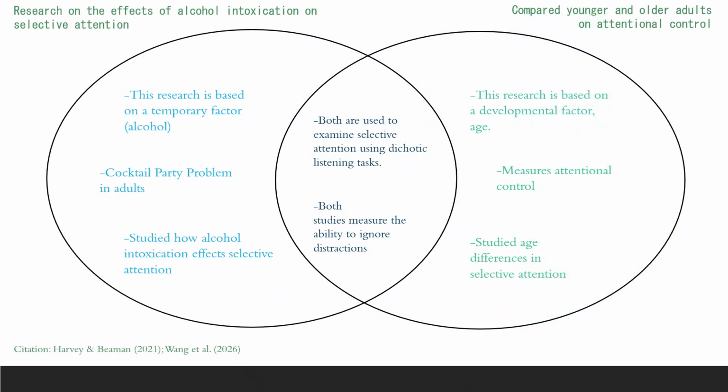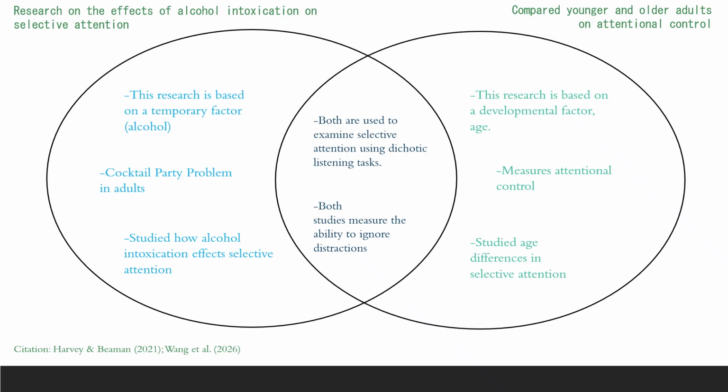This diagram compares 2 studies that both explore selective attention but from different angles. Harvey and Beeman focus on a temporary factor, like alcohol intoxication, and how it influences our ability to filter competing sounds. Wang and his colleagues, on the other hand, examine a developmental factor, age, and how attentional control changes across the lifespan.